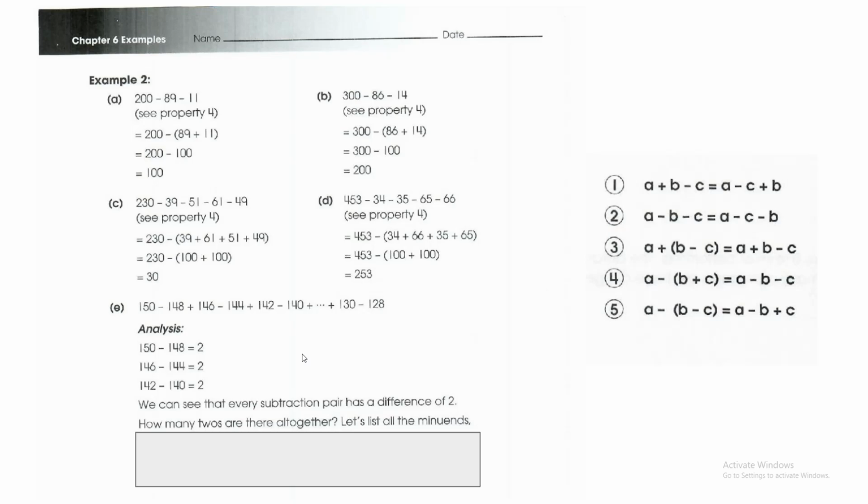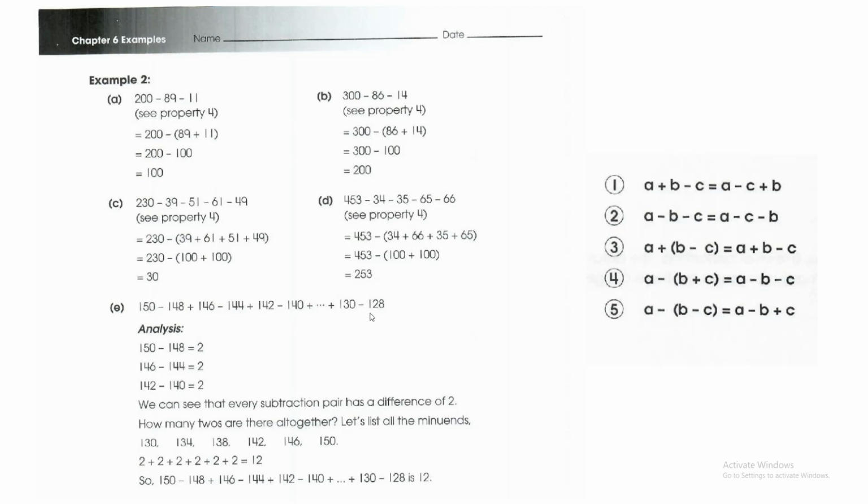Now, if we write out all the minuends, we get 6 in total. And since the minuend starts a subtraction problem, and we know its difference is going to be 2, all we have to do is add 2 6 times. And when we do that, we get 12. So this problem, when carried out, has a sum of 12.